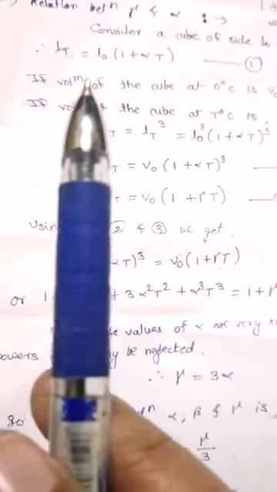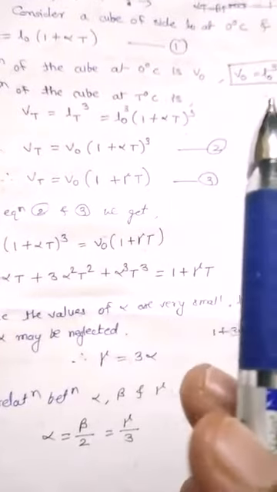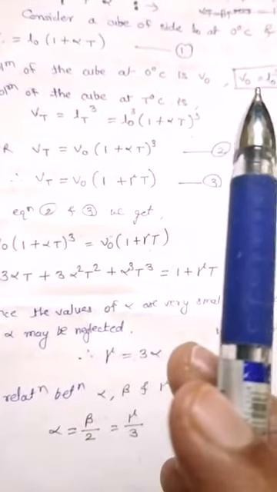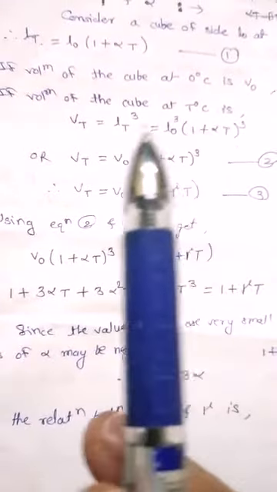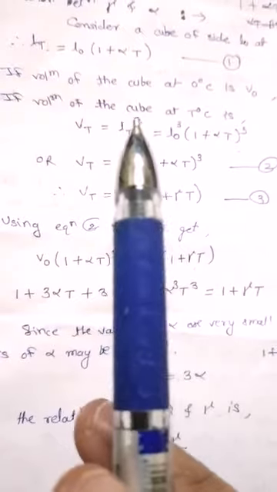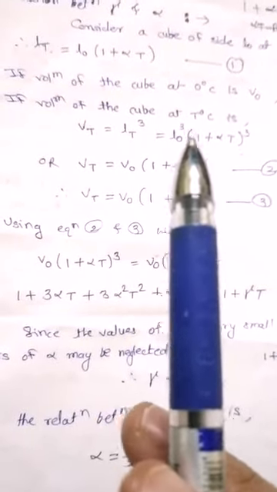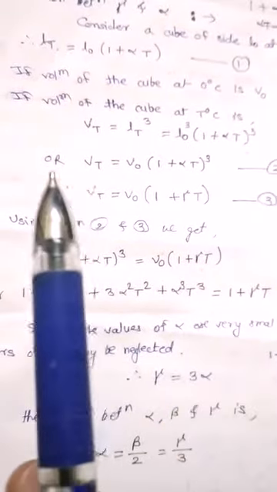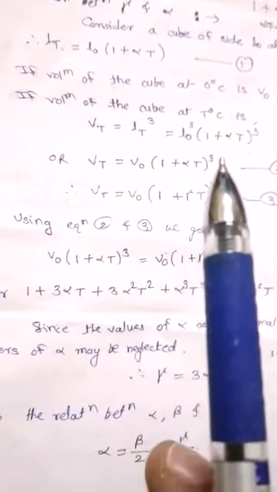If the volume of the cube at 0 degrees Celsius is V0, then V0 is equal to L0 cube, because that is the volume of the cube. If the volume of the cube at T degrees Celsius is Vt, then Vt is equal to LT cube, therefore L0 cube (1 plus alpha T) cube, or Vt is equal to V0 (1 plus alpha T) cube.